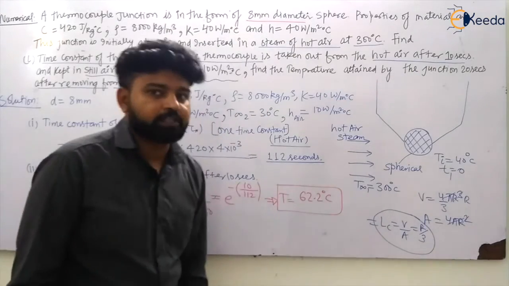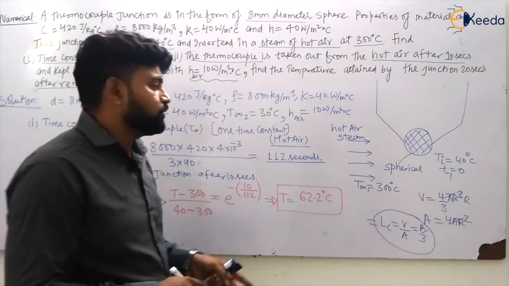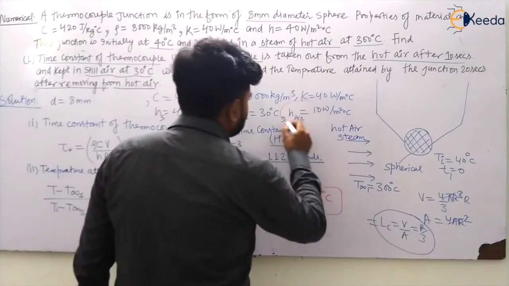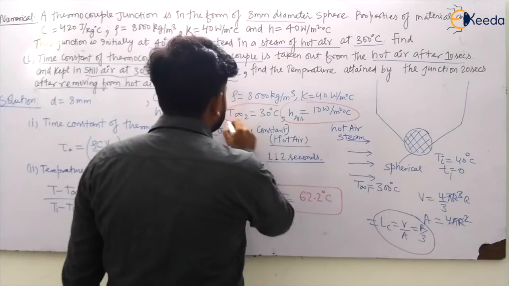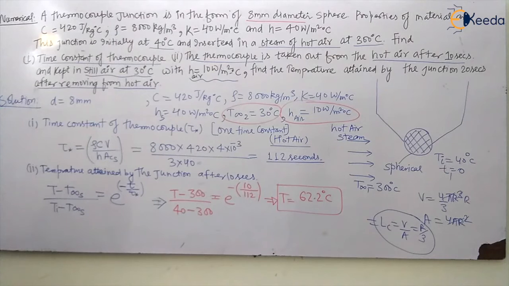Okay, after 10 seconds, where am I putting this? I am putting this into the still air, which has a heat transfer coefficient of this much and a temperature of this much. So in the second case, what will be the time constant, my dear students? He is asking for the temperature after 20 seconds.